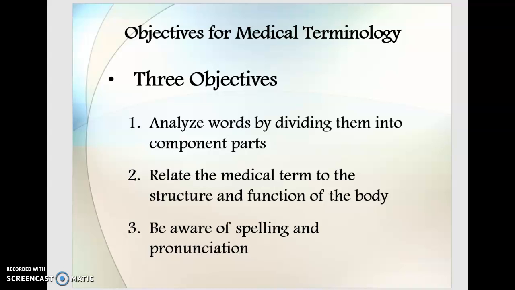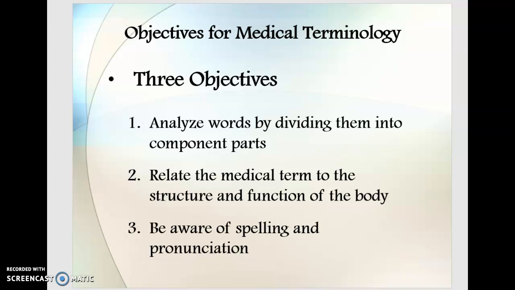Your book goes over some spelling issues as well as look-alike words like arterio and arthro. All of those are very related, but they all mean very different things. So it's incredibly important that you are spelling the term right and reading the term correctly.